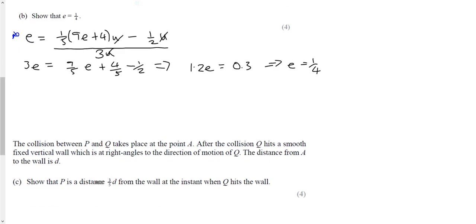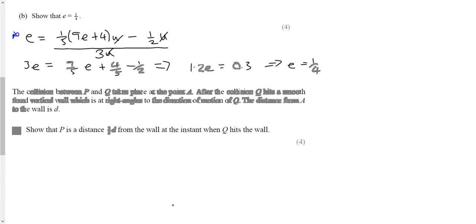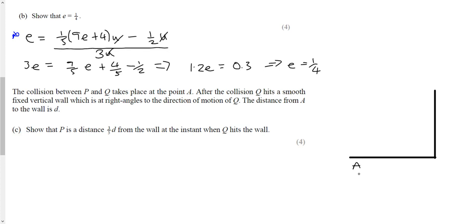Right, so then they're going to add some information. Something going on now, so now we're going to have a wall. So at point A, P and Q collide, and then after that, Q is going to go on and collide with this wall.